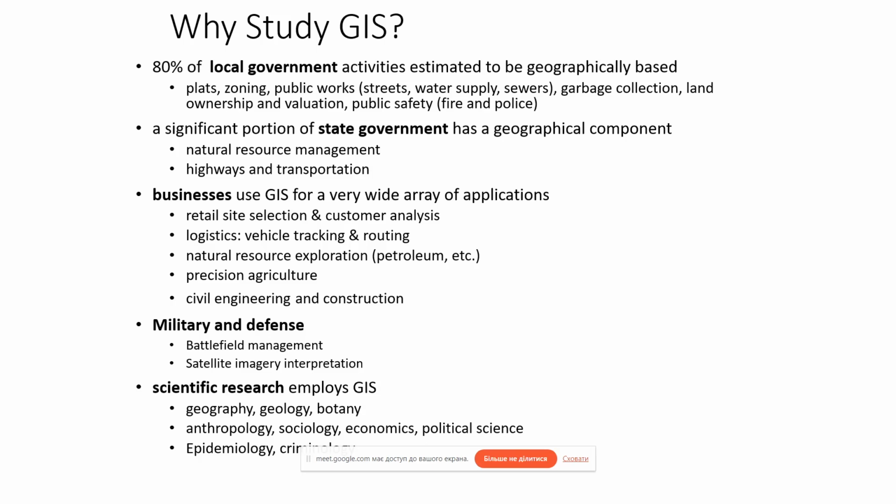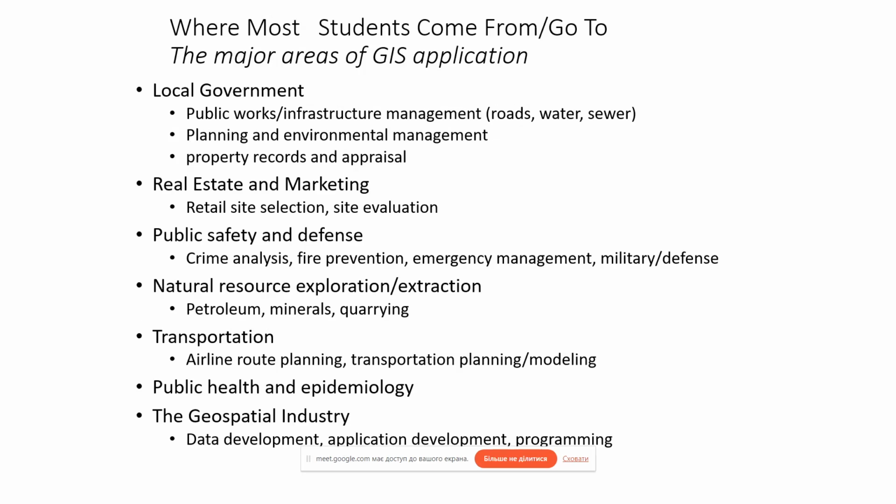Civil engineering and construction also use GIS and computer aided modeling systems. Military and defense: battlefield management, satellite imagery interpretation. Scientific research: geography, geology, botany, anthropology, epidemiology, etc.